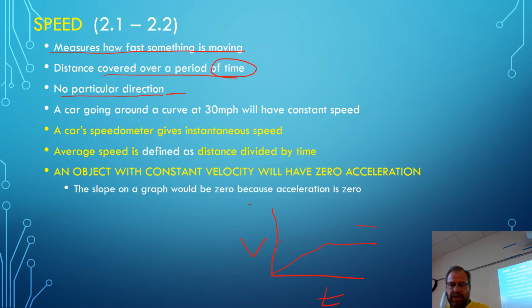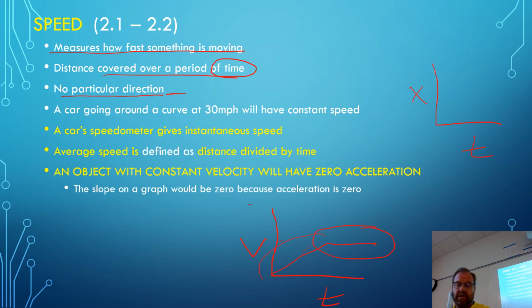Okay, so if you would see this portion of a graph on a distance time graph, then even though this is a zero slope for your velocity, you're still moving, and so you're at a constant velocity, which means your slope of your distance time graph is constant.